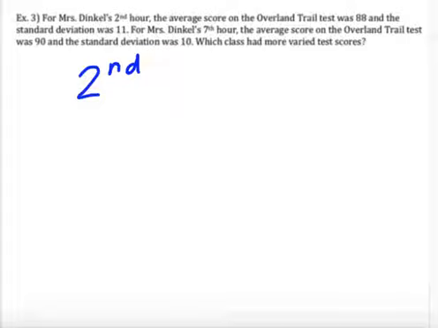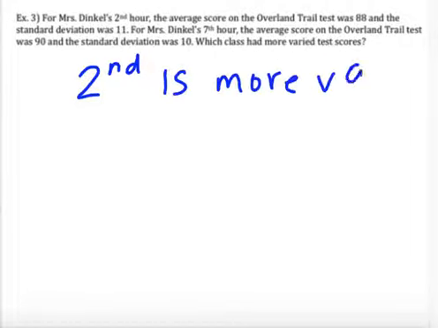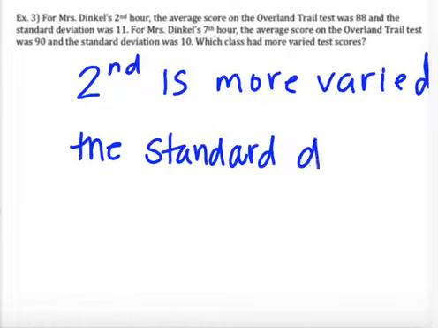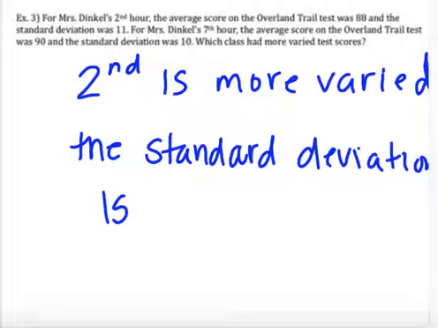It has a higher standard deviation. Second hour is more varied, and we know that because the standard deviation is higher.